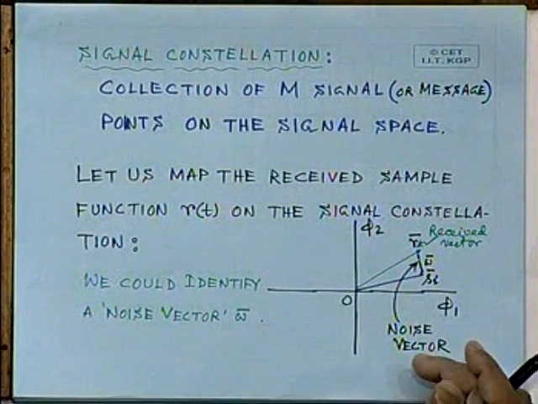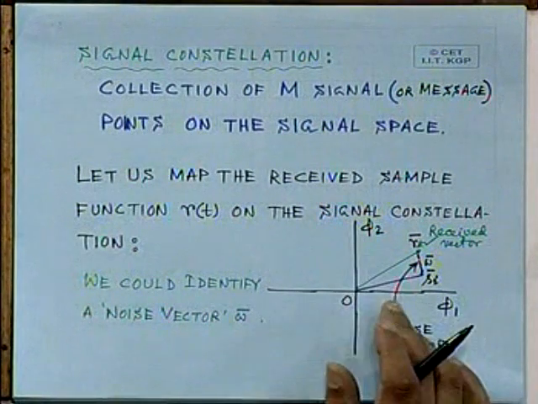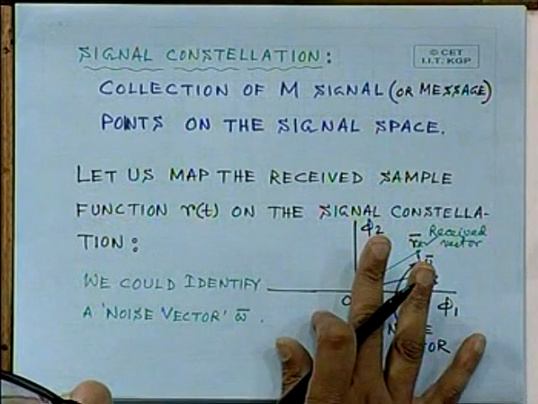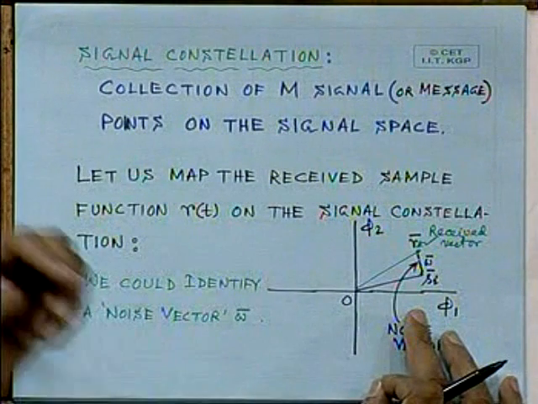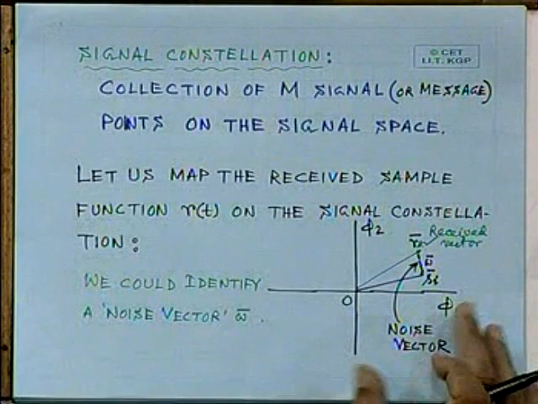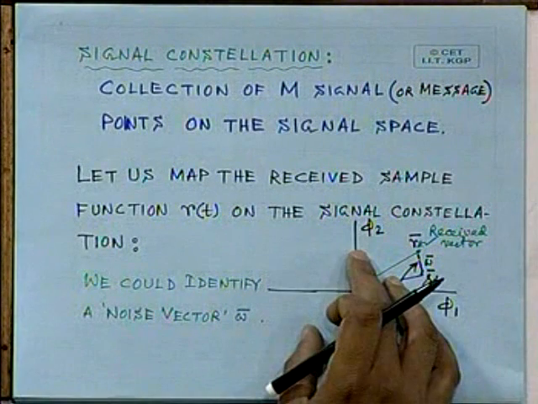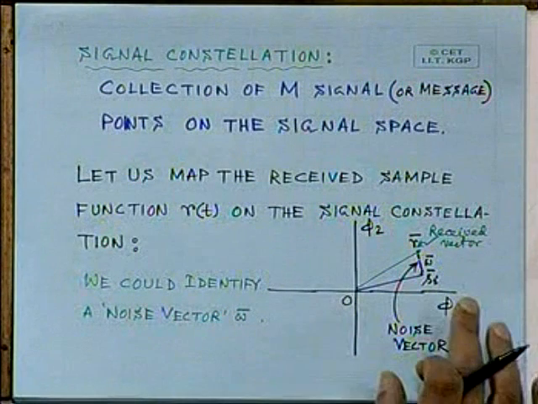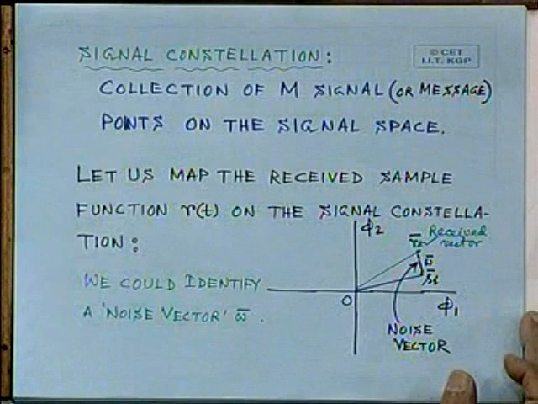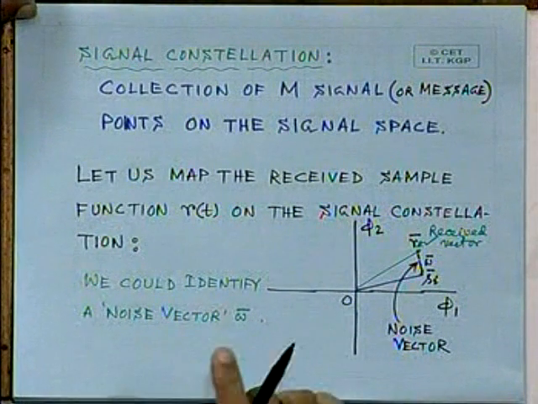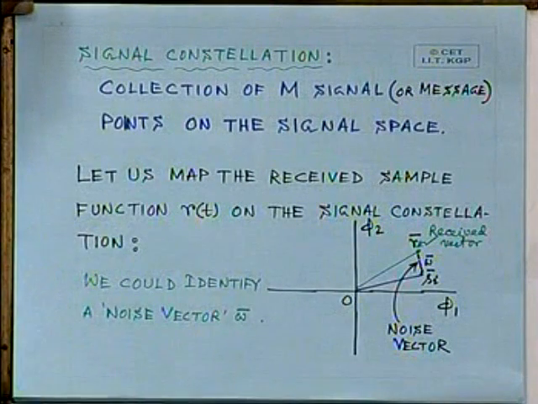Now, I would like to use the same signal constellation. See, this signal constellation is defined once your transmission scheme is defined, isn't it, in the transmitter somewhere. I would like to use the same signal constellation for the purpose of detection, or for the purpose of reception of the signal. Towards that, what I will do is that I will try to place the received sample function r(t) on the signal constellation.